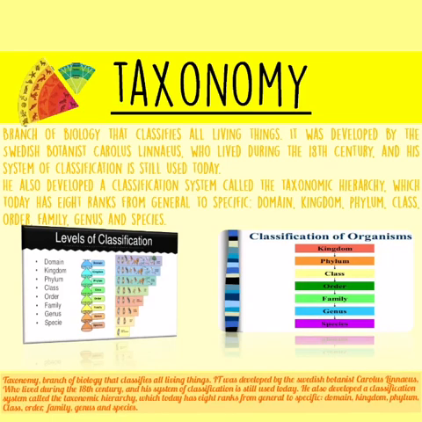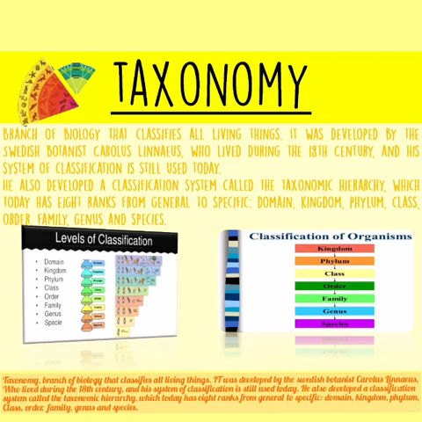Taxonomy, branch of biology that classifies all living things. It was developed by the Swedish botanist Carolus Linnaeus, who lived during the 18th century, and his system of classification is still used today.